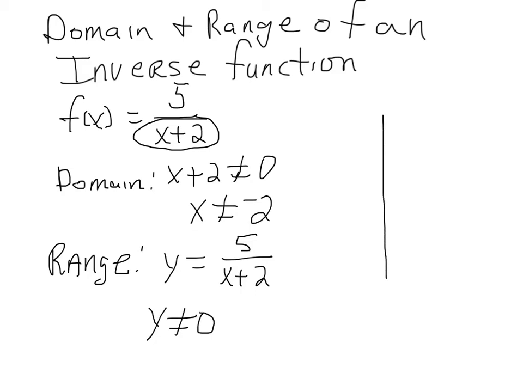Now, if you're taking your graphing calculator and you're typing in the equation 5 over x plus 2 in parentheses, so y1 equals 5 over x plus 2, make sure you use parentheses, you're going to get a graph that looks something like this.